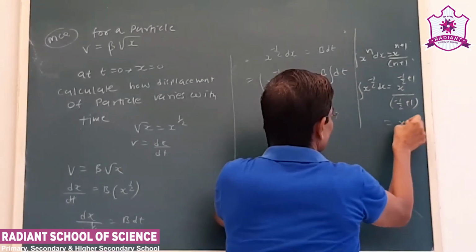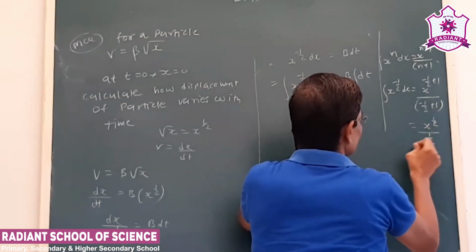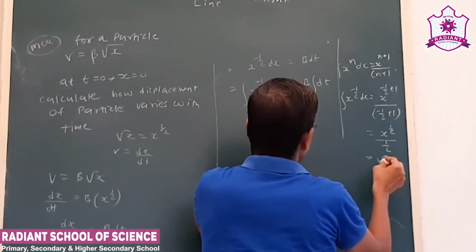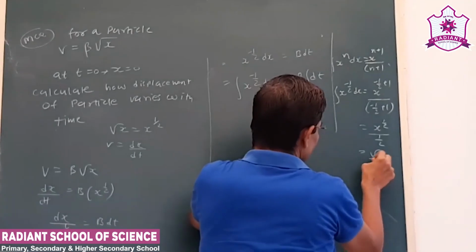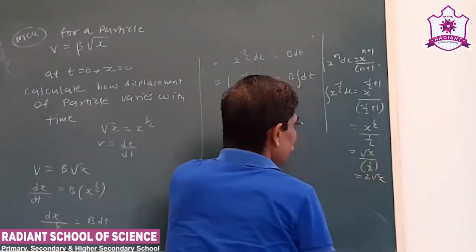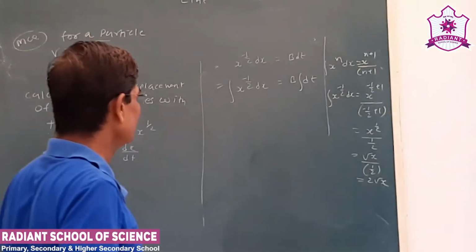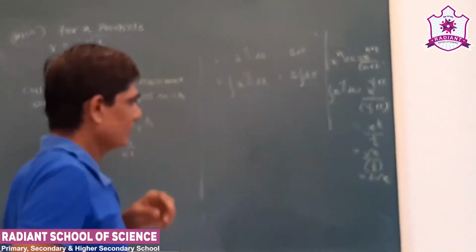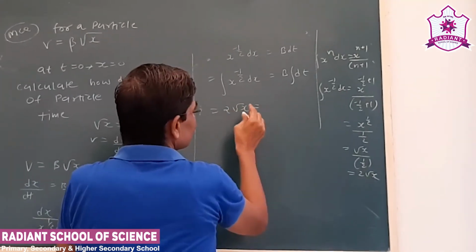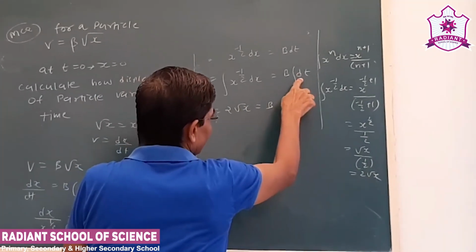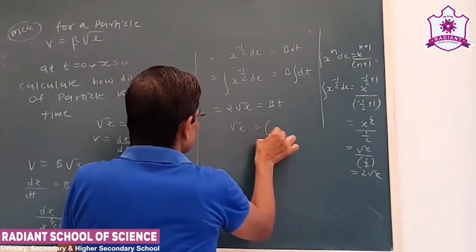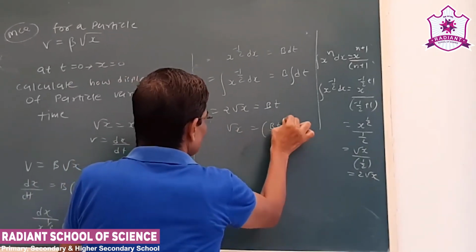That has become x to the power 1 by 2 upon 1 by 2, that we can write as root x upon 1 by 2, that is 2 root x. Okay. This is how we can find out integration of x to the power minus 1 by 2. So this has become 2 root x is equal to b, integration of dt is t. So root x we can write bt upon 2.